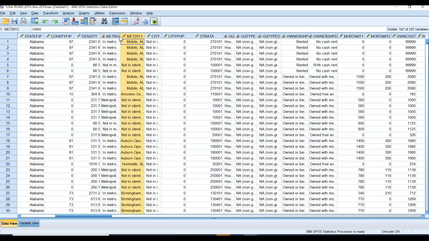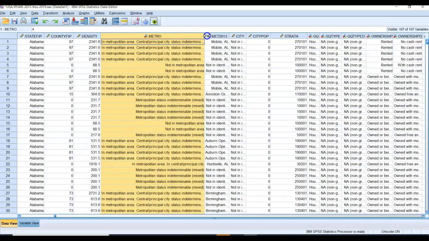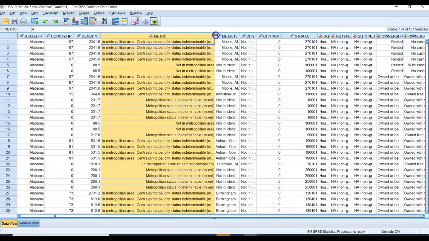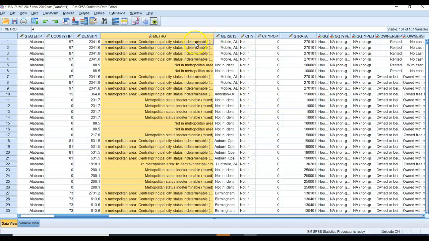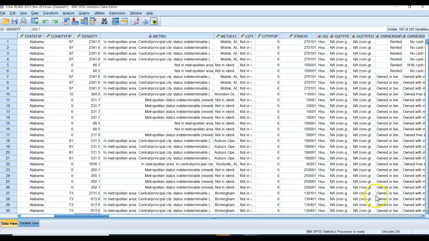Let me just see what this specifically states. They're in a central city, city status indeterminable, so they're in a mixed place. Why do they do that? Why would you have that indeterminable? Because you don't want to be able to fully identify the person that quickly.